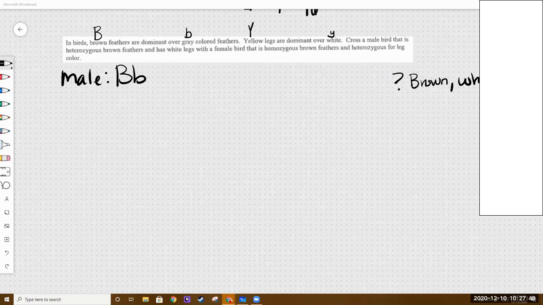So the white legs are little y. So remember, the only way to have the recessive trait is to have little. So Devin, you were correct. It's little y, little y.